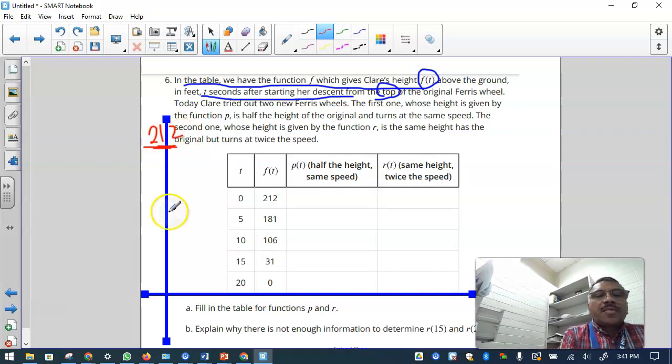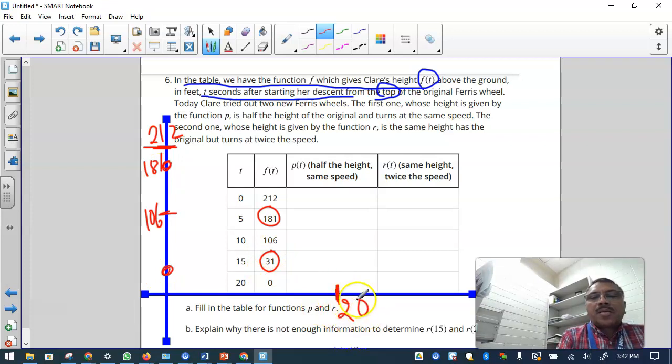That means half will be 106. And then 181 will be somewhere maybe here. And 31 will be somewhere here. And this is like 20 seconds. This is 10. And this is 5. And this is 15. So in the beginning, she is at this point.